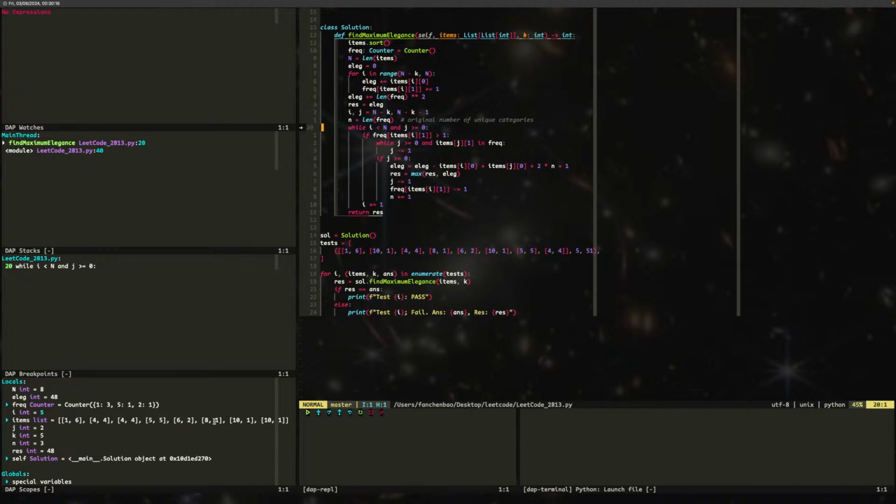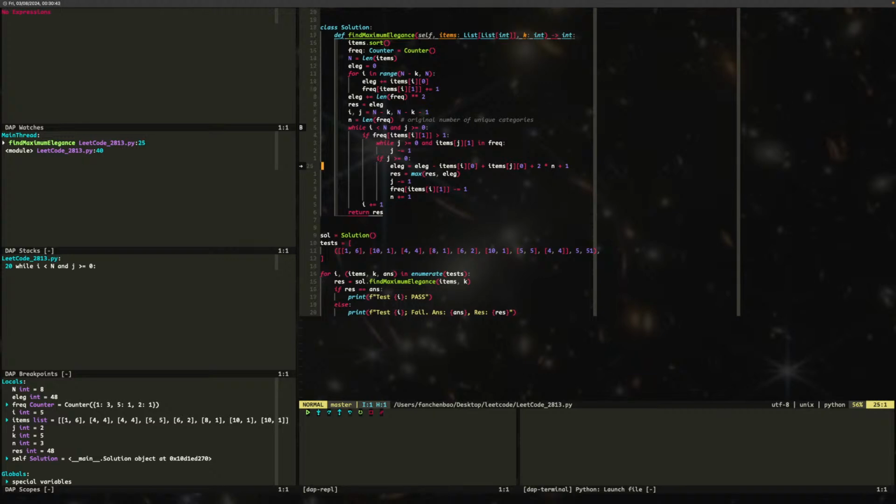Then we have 8. So wait, hold on. 8 is good. So while j still has 2, and it's in frequency. No, it's not in frequency. We get out. j is larger than 0.